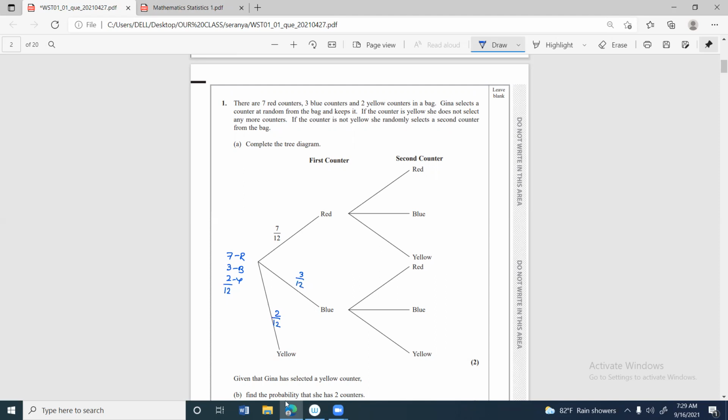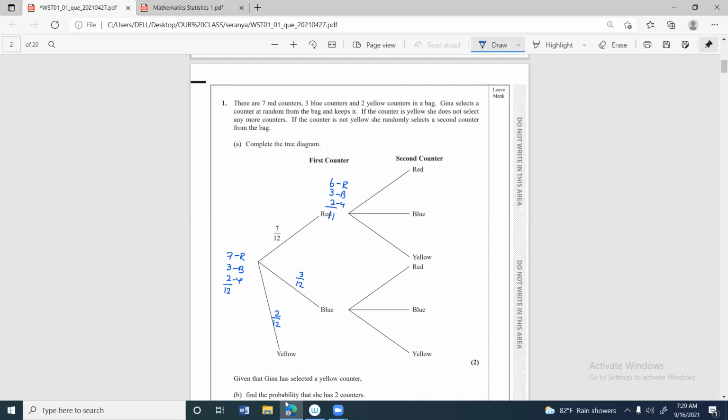Right, okay. If the counter is not yellow, we randomly select a second counter. So when you come across this branch, a red counter is already picked. Therefore, we have only 6 red counters, 3 blue counters and 2 yellow counters remaining. Altogether now there should be 11 counters.